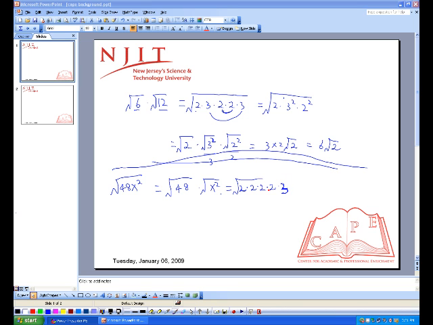So there's four 2s and one 3, right? That's 48. Because 2 times 2 is 4, 4 times 4 is 16, 16 times 3 is 48. And then multiply by square root of x squared.